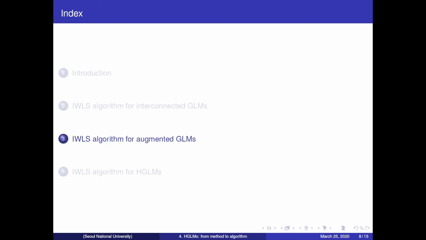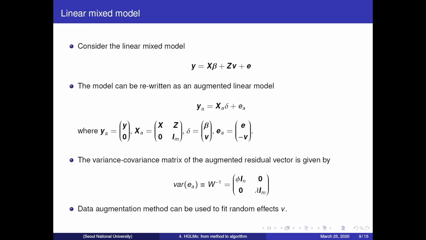And we can consider the linear mixed model Y equals X beta plus Zv plus e. The model can be written as an augmented linear model, Ya equals Xa delta plus ea, with the conditions like this.